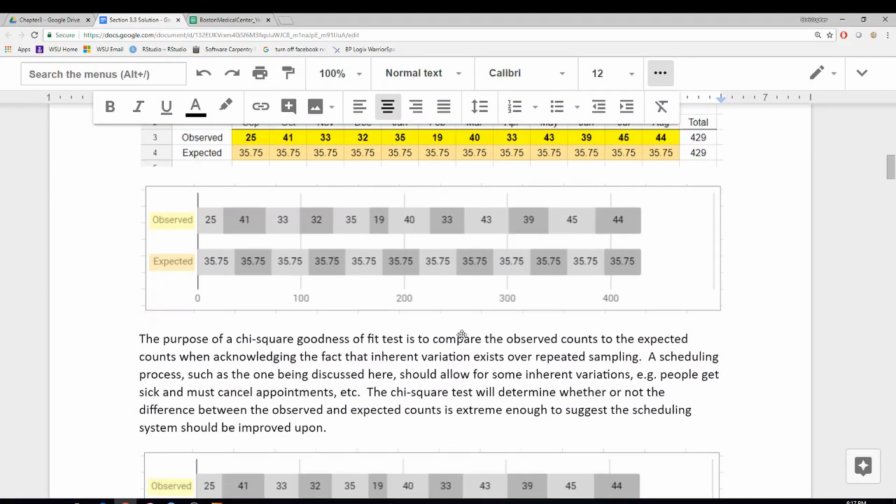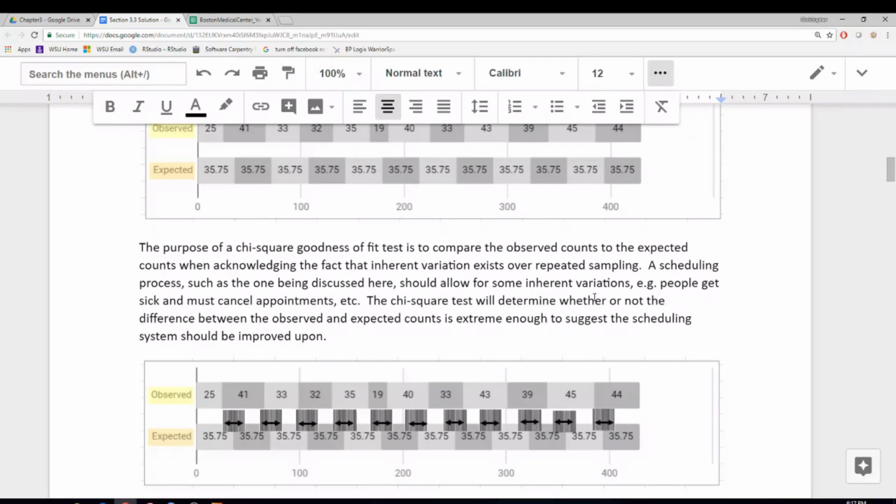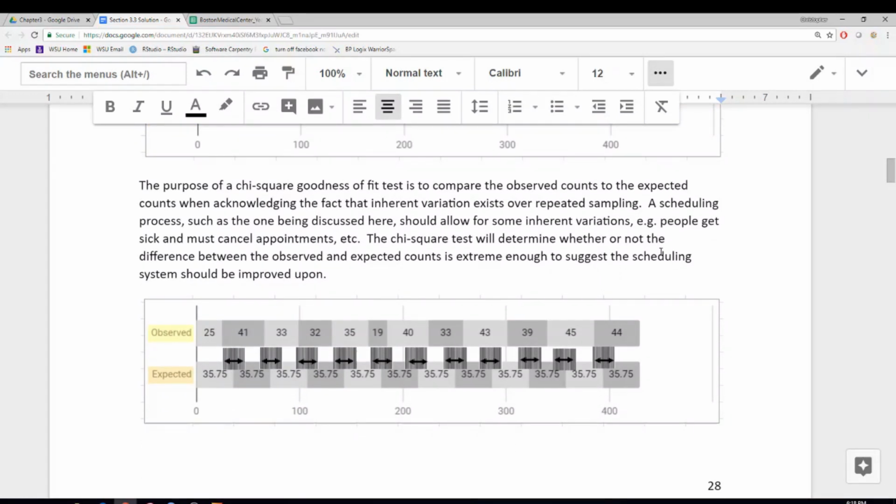So the purpose of this test, again, is to compare the observed counts to the expected counts when we acknowledge the fact that inherent variation exists from sample to sample. A scheduling process should allow for some inherent variation. Certainly people are going to get sick and cancel their appointments and things like that. The chi-square test will determine whether or not the difference between the observed and expected counts is extreme enough to suggest that the scheduling system should be improved upon.